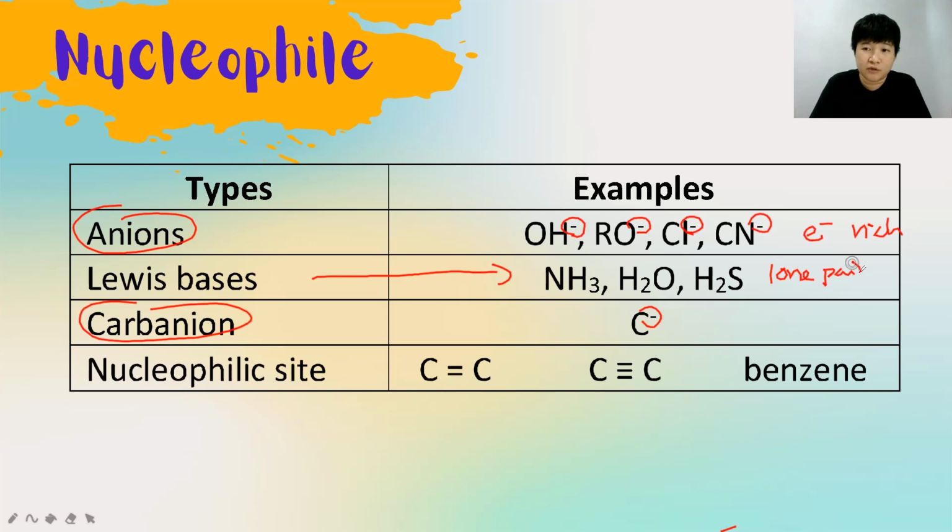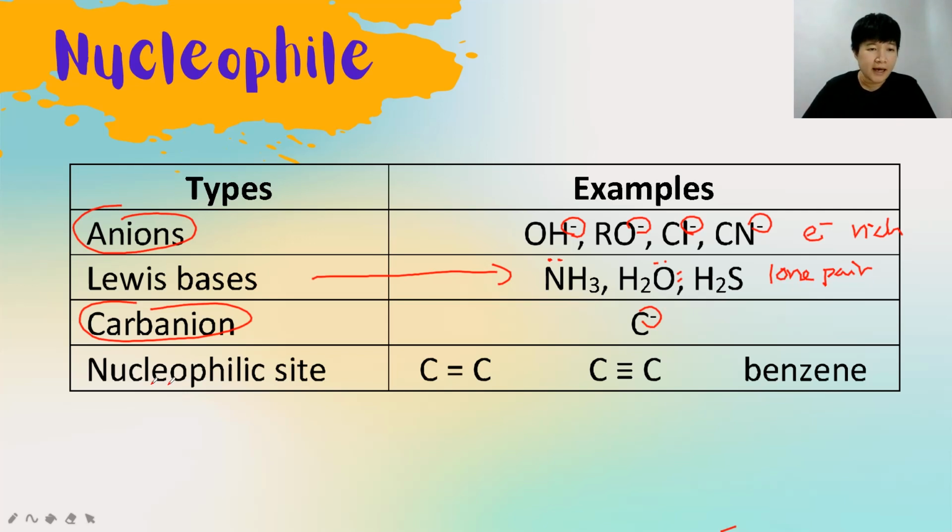If you remember, a lone pair is a pair of electrons that does not get involved in bonding. So when you have a lone pair, it means you have extra electrons that are not in bonding. The extra electrons cause the species to become very electron rich, with very high electron density.